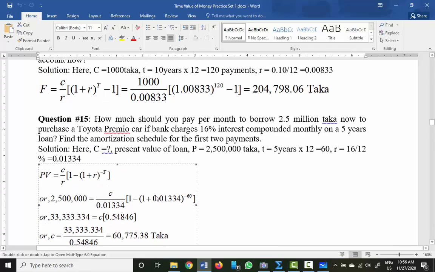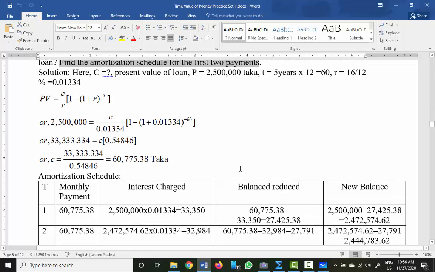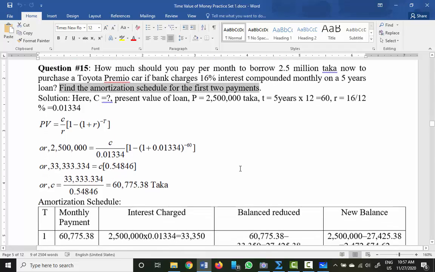So now the next part of the question is asking, find the amortization schedule for the first two payments. As I said in my previous video lecture, the bank will use an amortization schedule to calculate your interest and your loan balance, right?